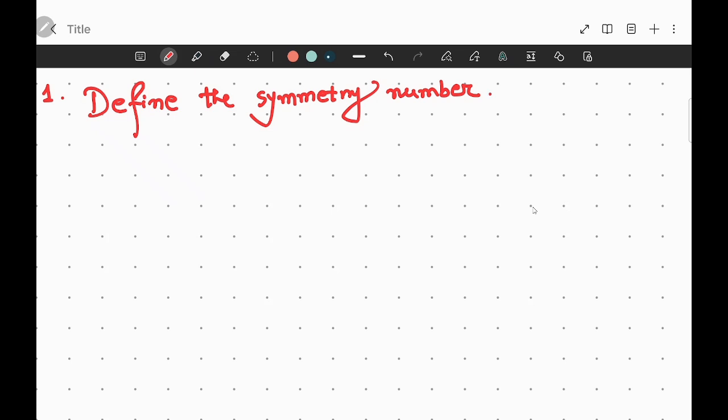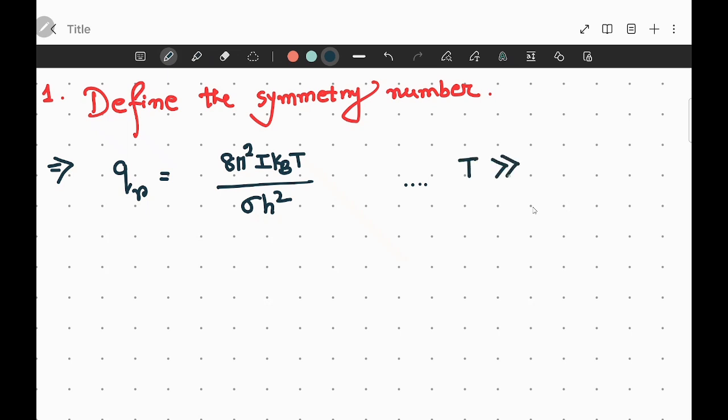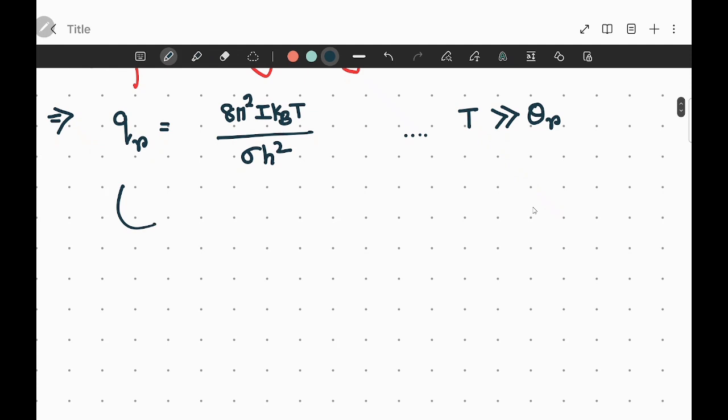What was the formula for our rotational partition function? That was q_R equals 8 pi squared I k_B T by sigma h bar squared. But that is at the higher side of temperature, meaning our temperature must be very much greater than our rotational characteristic temperature theta. If it is not, then we have to consider the well-known generalized formula, the sum over J of (2J plus 1) e to the power minus beta epsilon J, where 2J plus 1 is the degeneracy of the rotational energy levels.